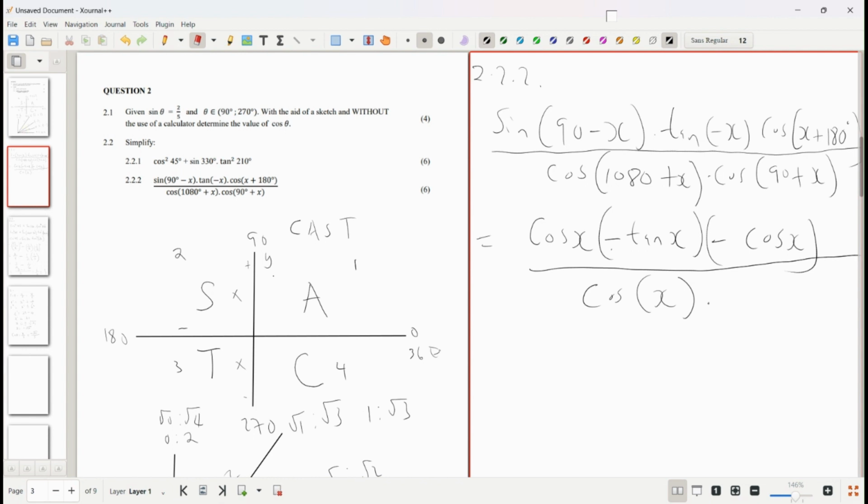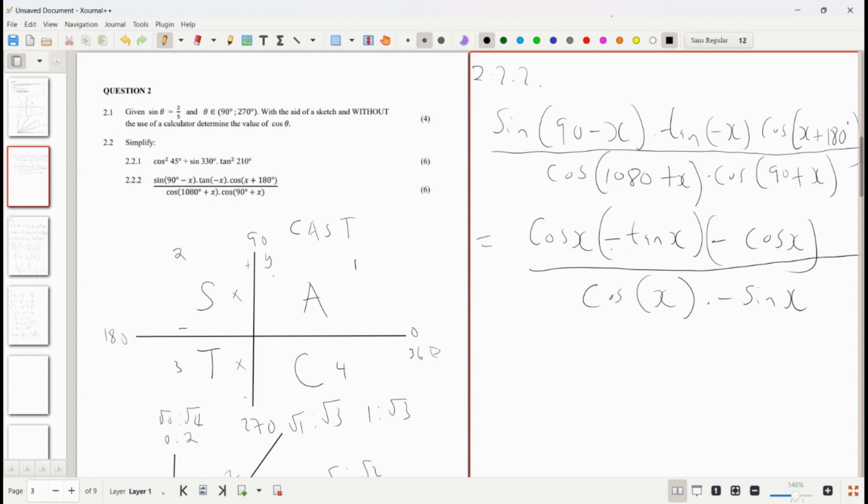So in the second quadrant, it will be negative, right? So instead of writing cos 90 plus x, you can rewrite this as negative sine x, right? Why? Because cos and sine are co-functions. So you can rewrite this as negative sine x.